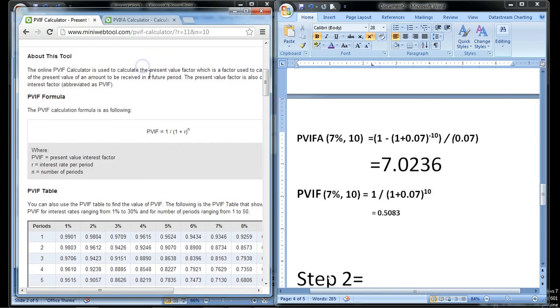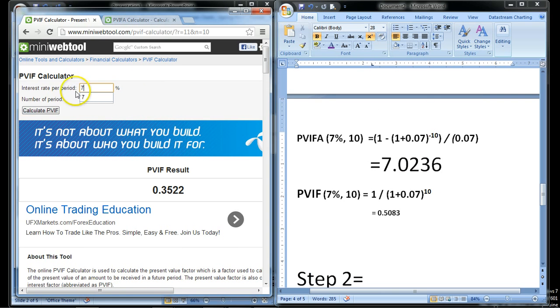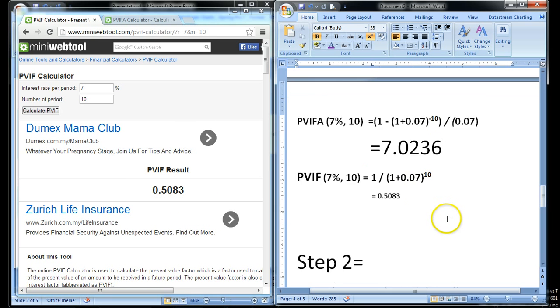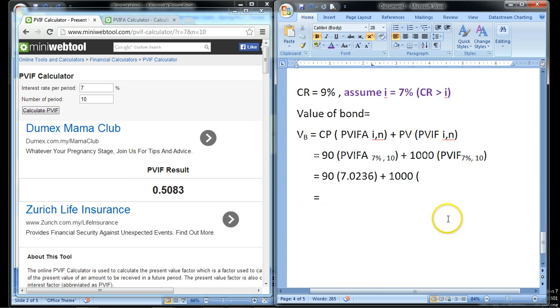So we try to use my calculator, 7%, then you get 0.5083. Please use your calculator. So this answer 0.5083, you need to put here. Then you will get the answer. So it's simple. You still can use your scientific calculator.